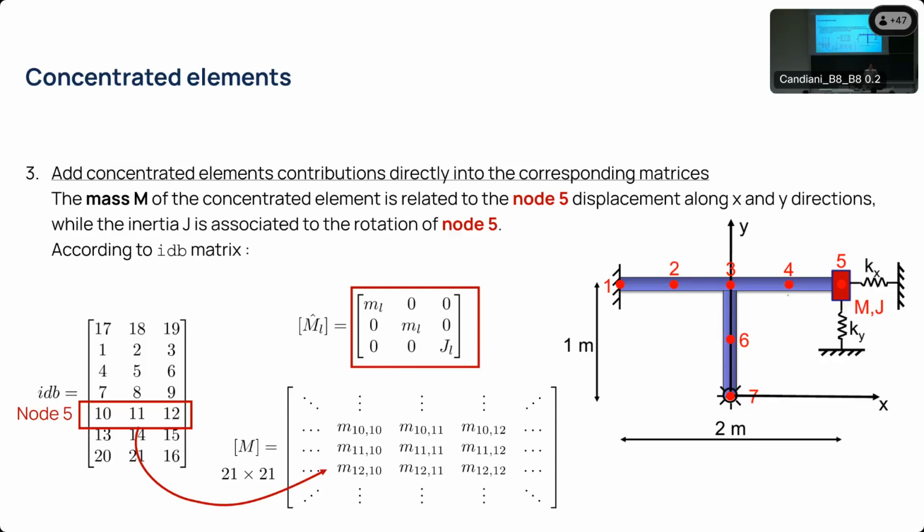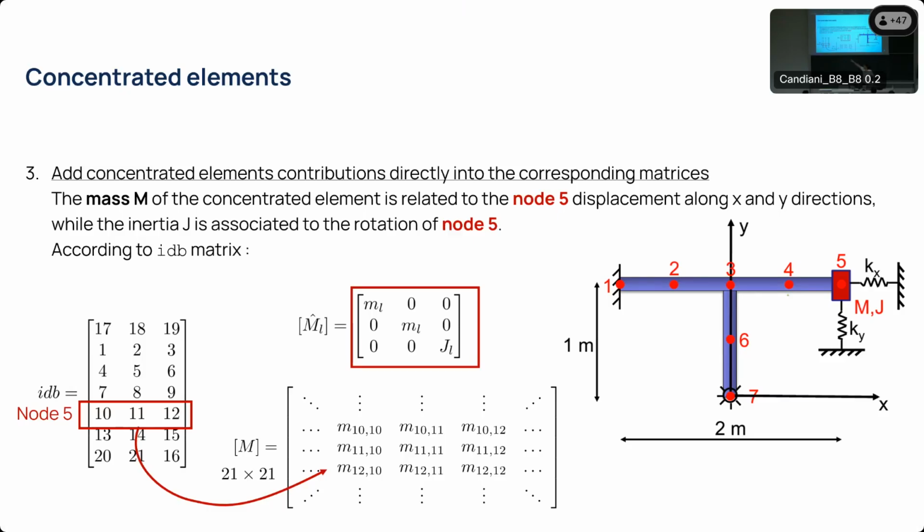Which are the terms on the mass matrix that we have to modify? We can use our EDD matrix. The EDD matrix, remember, is the matrix that links the various nodes to the global degrees of freedom that they are converted to when we assemble the various matrices.